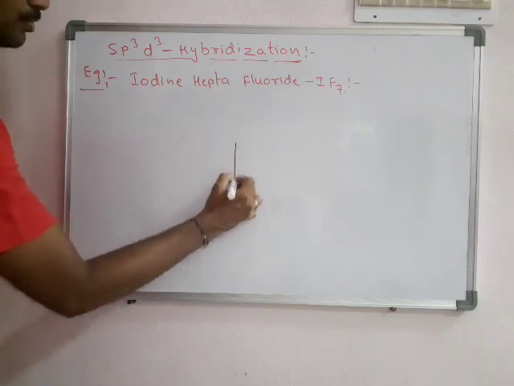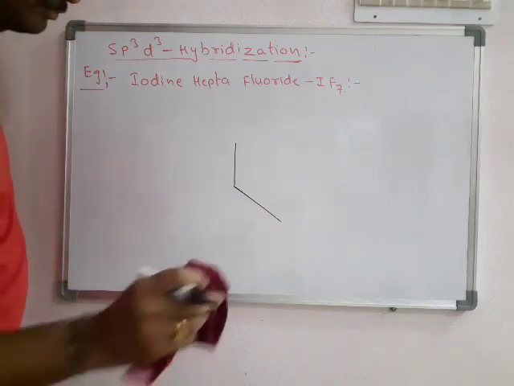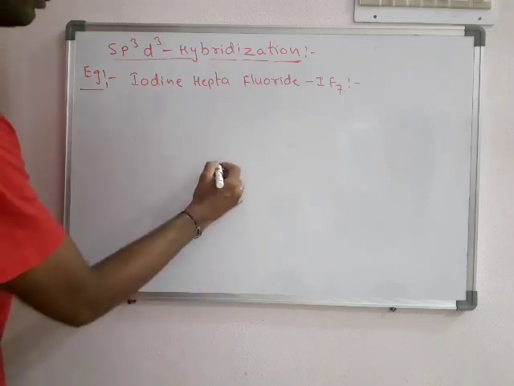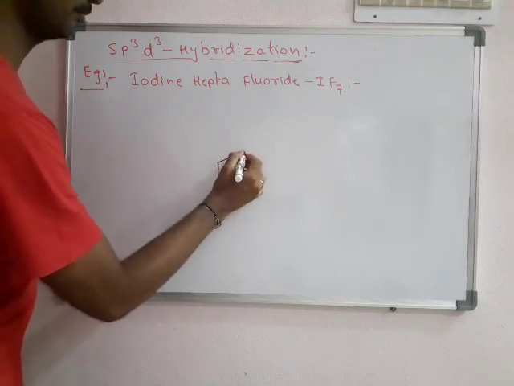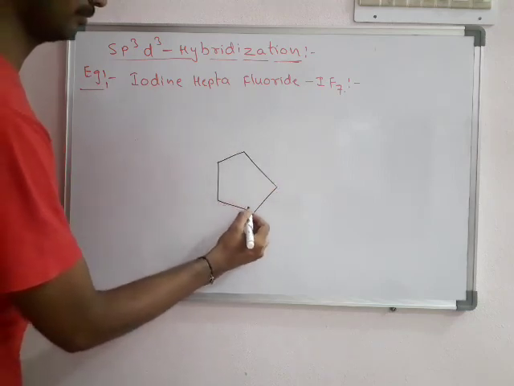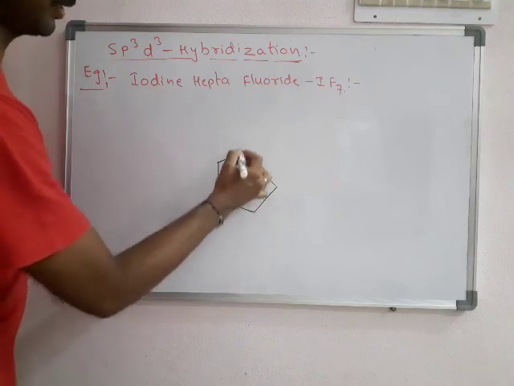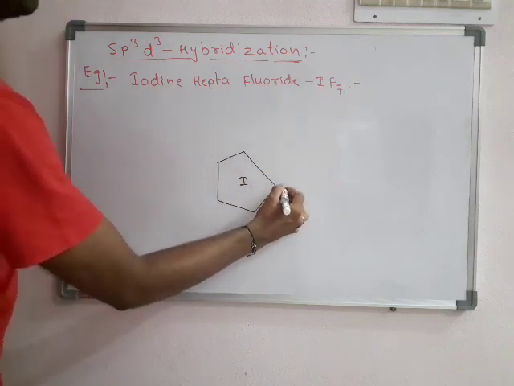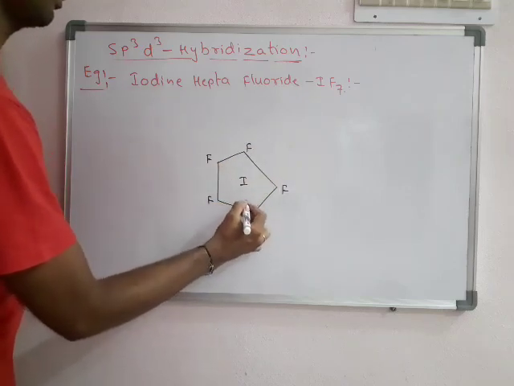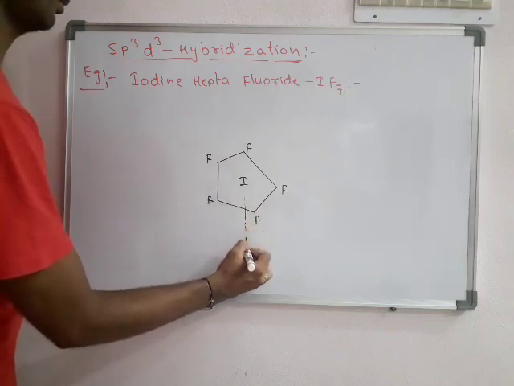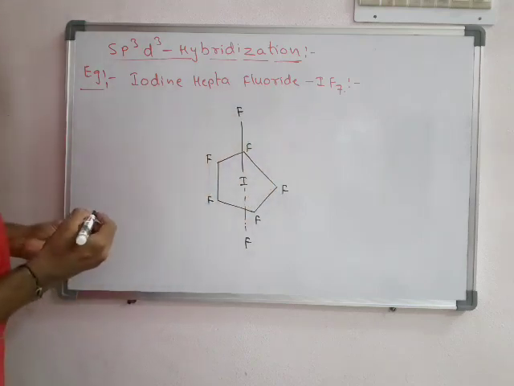It's like this, the same shape. This is iodine, with 5 fluorines, 1, 2, 5, and here the other fluorines.